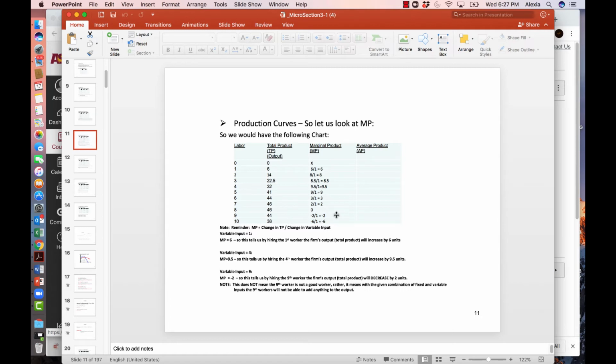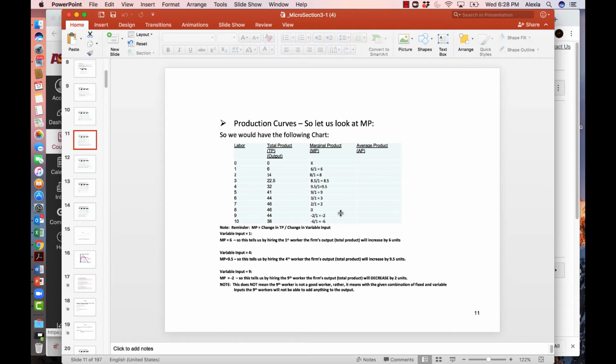Now, what is very important to realize is that this isn't saying the 9th worker is a bad worker. And this isn't saying that the 4th worker is a better worker than the 1st worker. What this is saying is that, given these fixed inputs and the different combinations of these goods, as we hire more people, the extra output at first goes up. It makes sense.